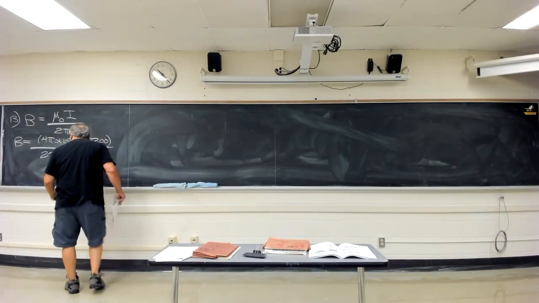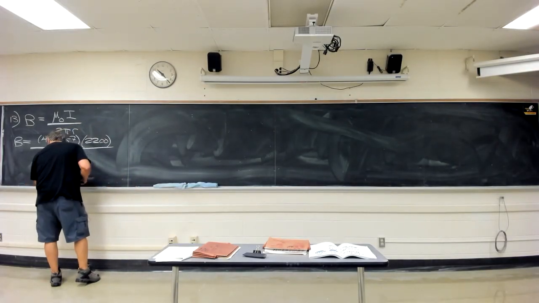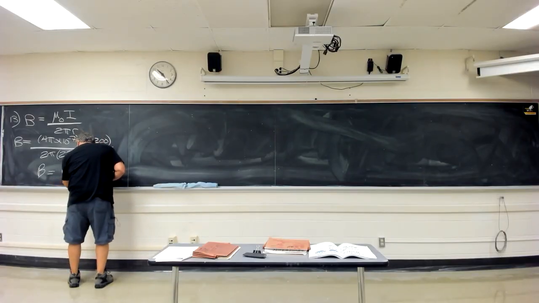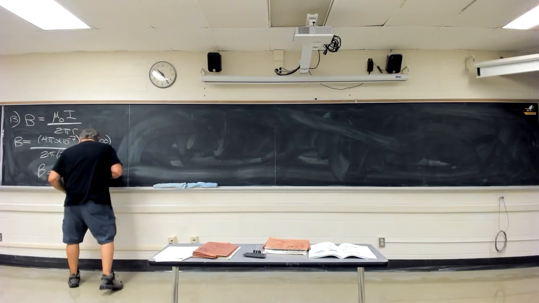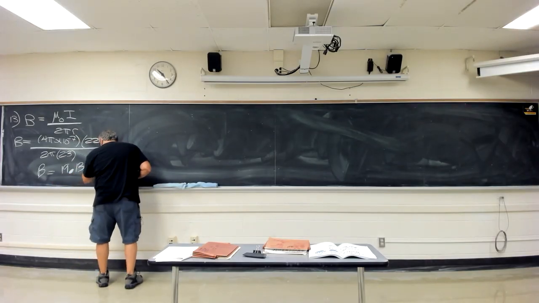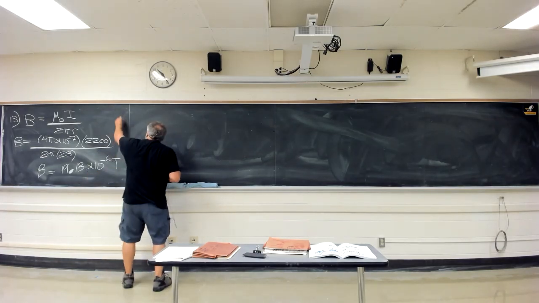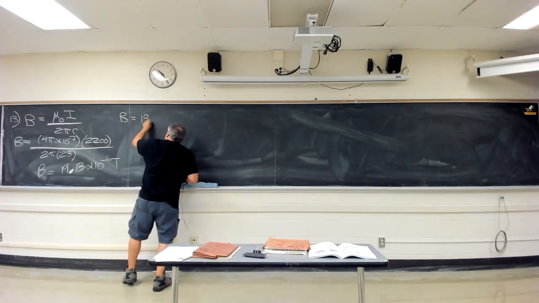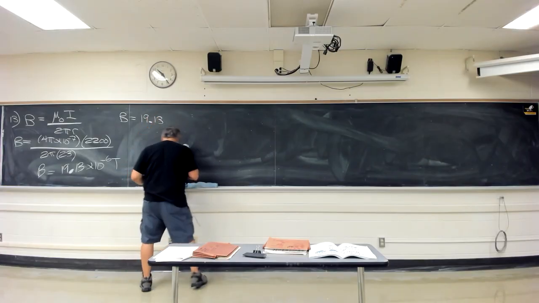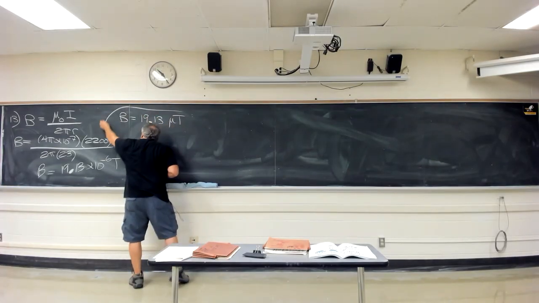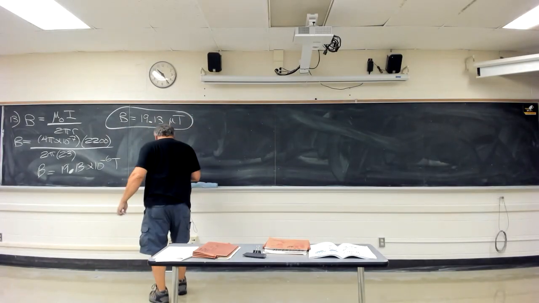You grind that out. 19.13 times 10 to the negative 6 Tesla. That's 19.13 microtesla. Sounds good to me.